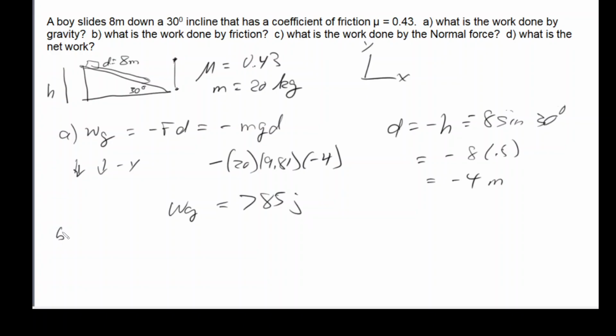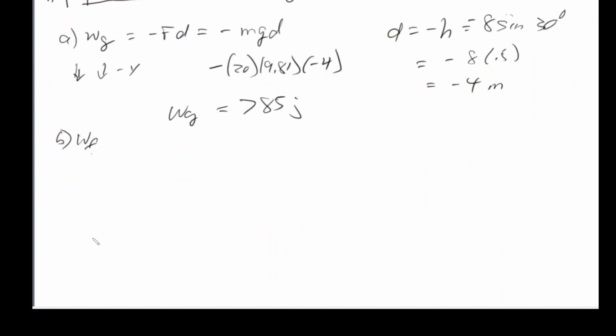Now we want to know what the work done by friction is. Well, if we draw a free body diagram, we have our slope, we have the boy, we have our normal force, we have gravity with a force equal to mg, and we have our 30-degree slope, and in this case we have y and x direction.